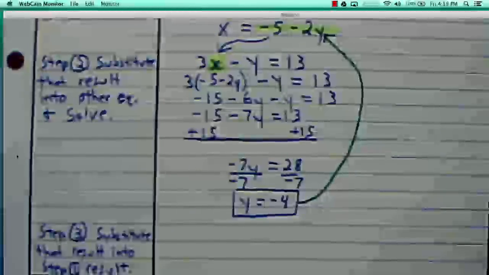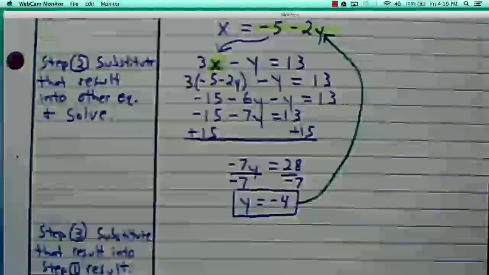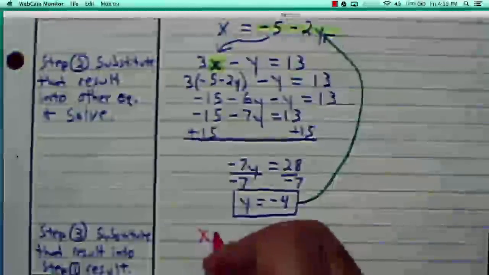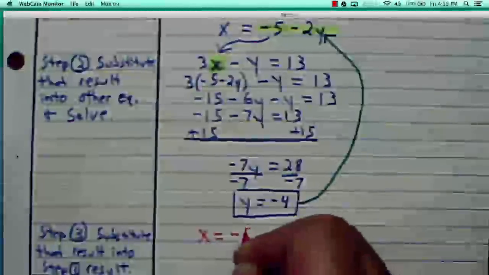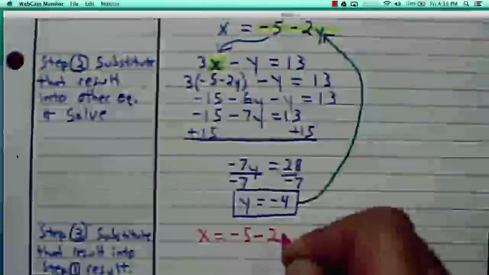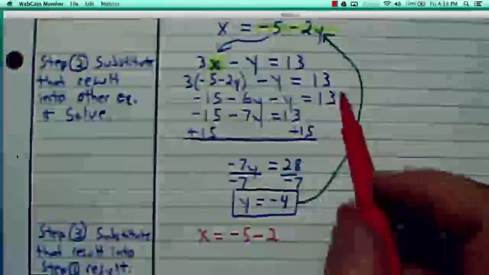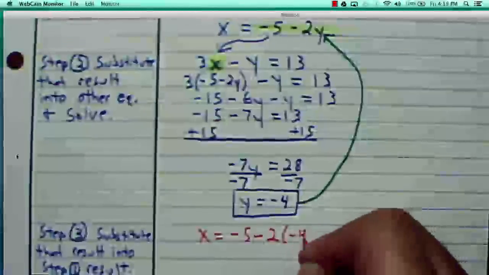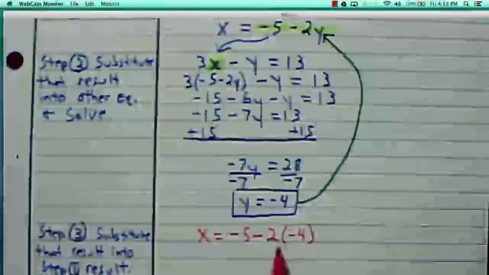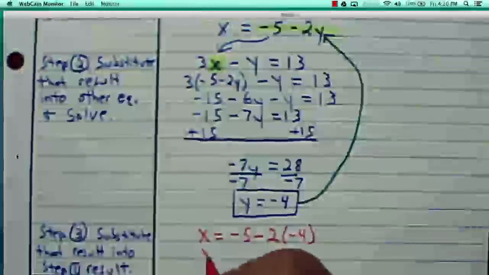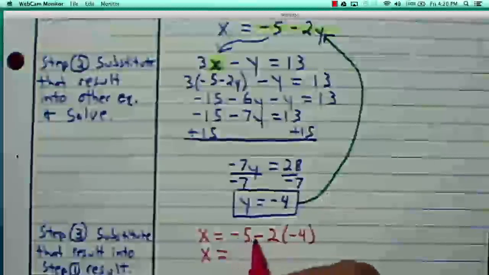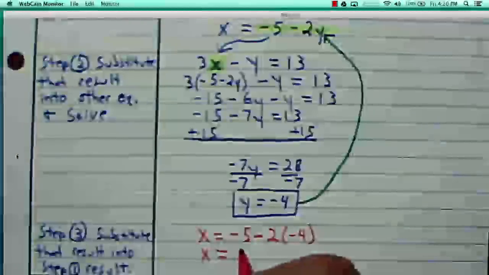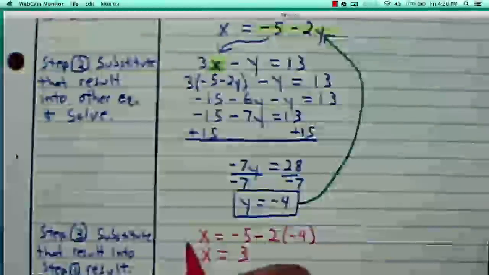So now I have the step 1 result. x equals negative 5 minus 2, but instead of this y, I will come with the fact that y is negative 4. Now we have a simple simplify on the right hand side. Using your calculator, negative 5 subtract 2 times negative 4, well, this product will be 8. Negative 5 plus 8 will be a positive 3. So we have that x is 3.